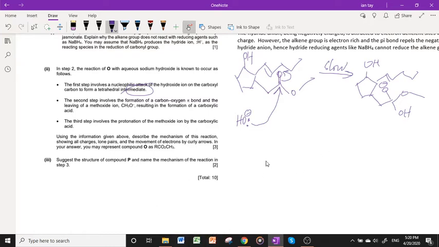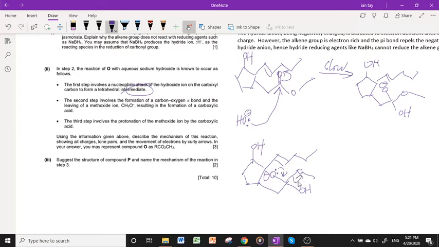And now the second step, so we would just copy that. Okay, it involves the formation of a carbon-oxygen pi bond and the leaving of a methoxide ion. So this is the reforming of the pi bond, and the methoxide ion leaves, right?